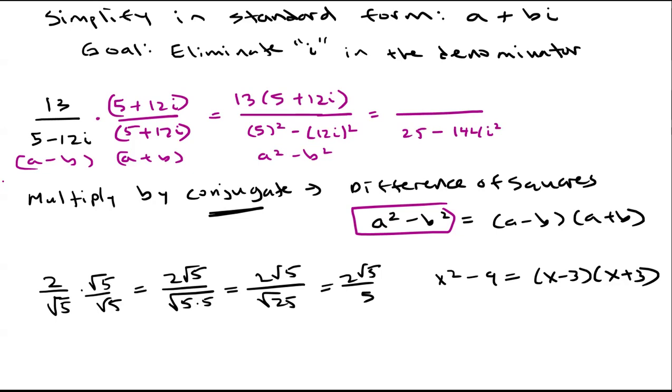Remember, i squared is the same thing as -1. So that's going to give us 144 times -1. All right, so that's going to give us 25 plus 144. So 25 plus 144. So that gives us 169 on the bottom.